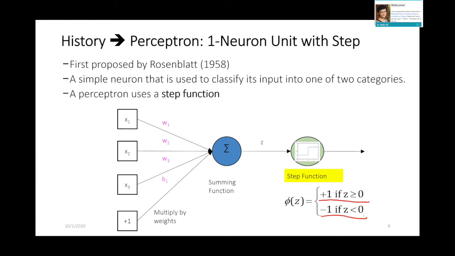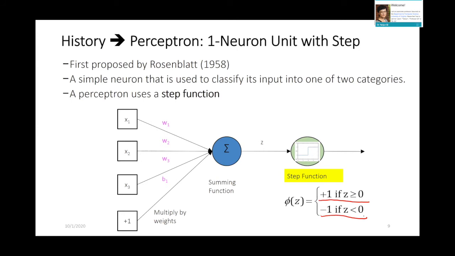You can think of the squash function as a binary decision step. If the z input is larger than 0, I'm going to output 1. If the z input is negative, I'm going to output -1. It's like a binary classification node.